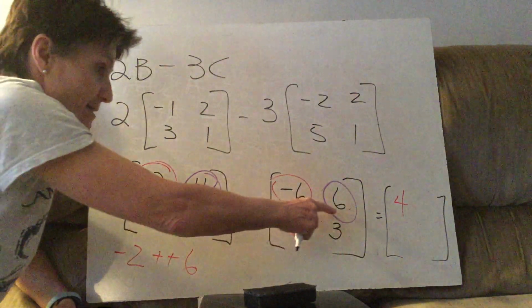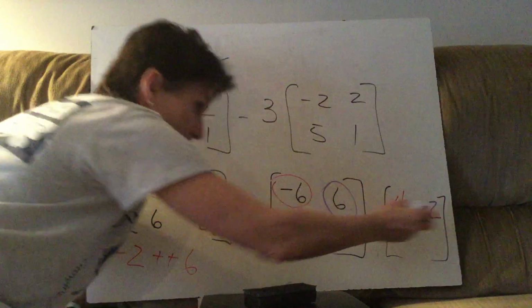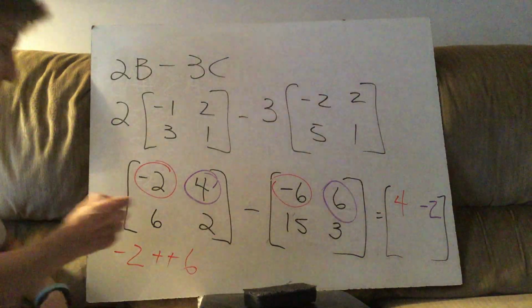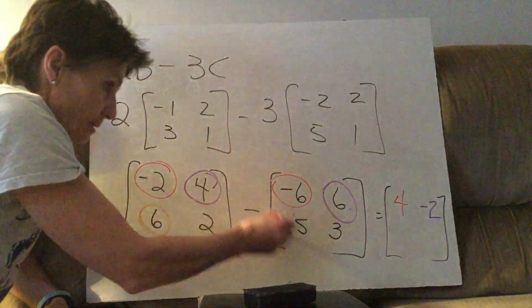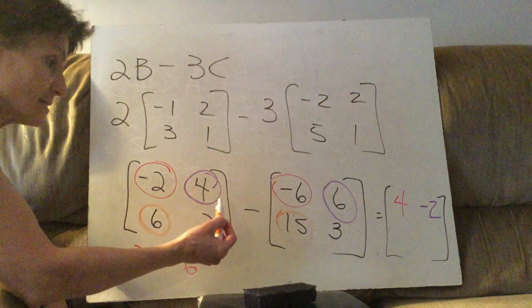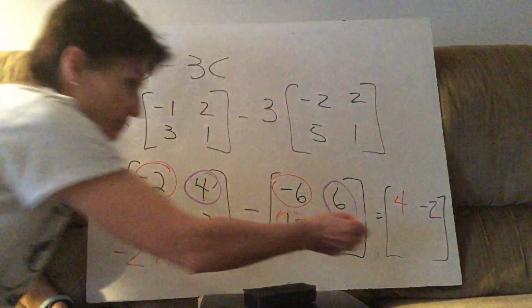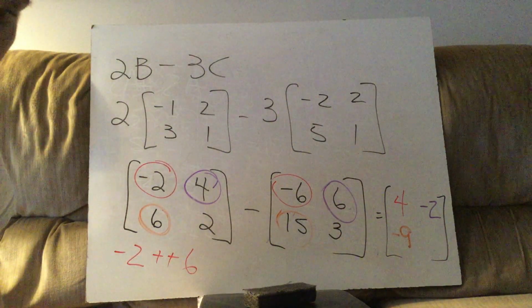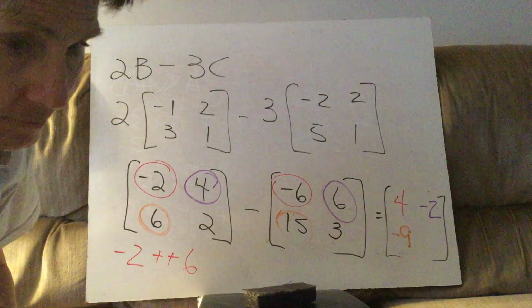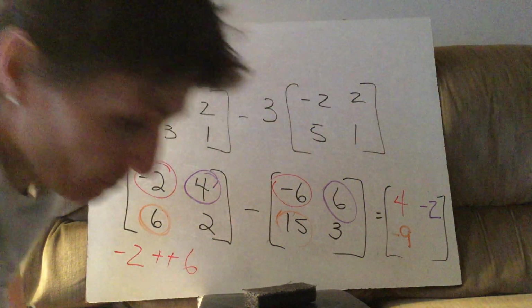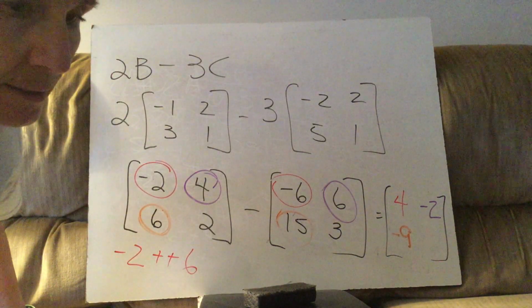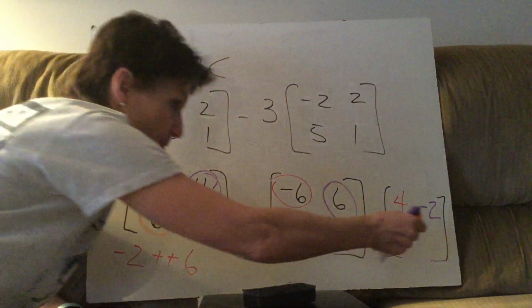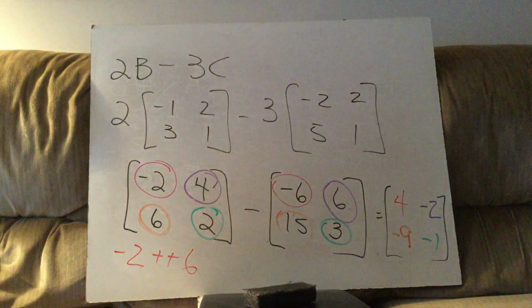Four minus 6. 6 minus negative 15. And finally, 2 minus 3. And there's the answer to the question.